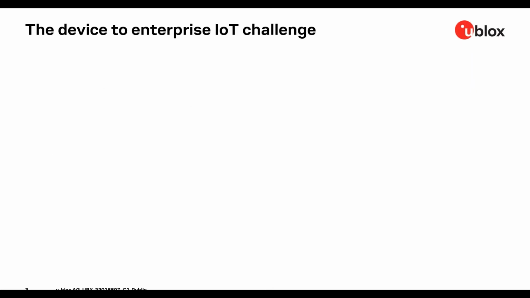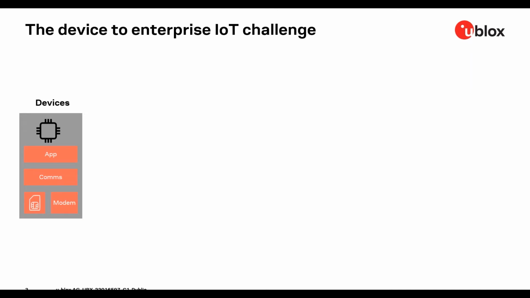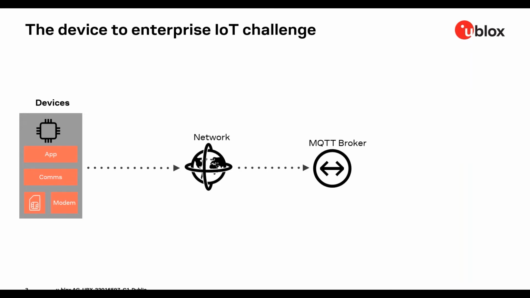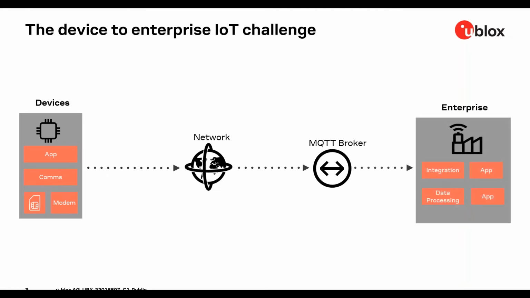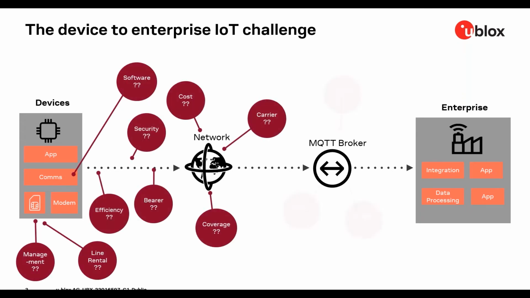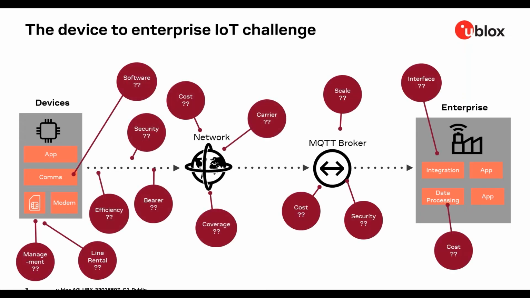It's hard to communicate data between a device and the enterprise. At first, it seems really simple. You've got a device with some important data. There's a network, there's a cloud platform that is interested in receiving that data. But if we take a closer look, it's not so simple. There's a lot of questions to be answered, complexities to be solved.